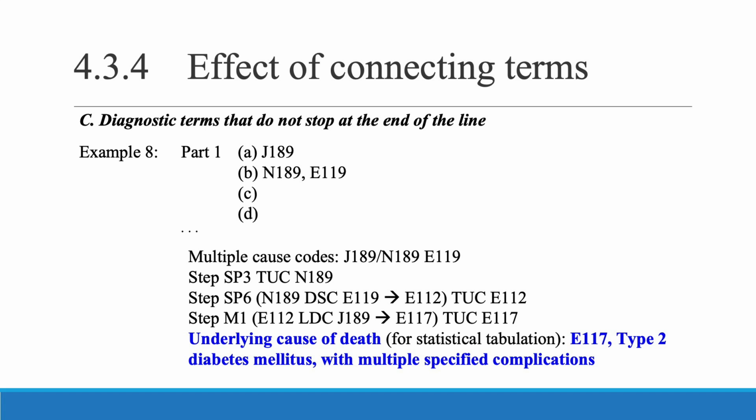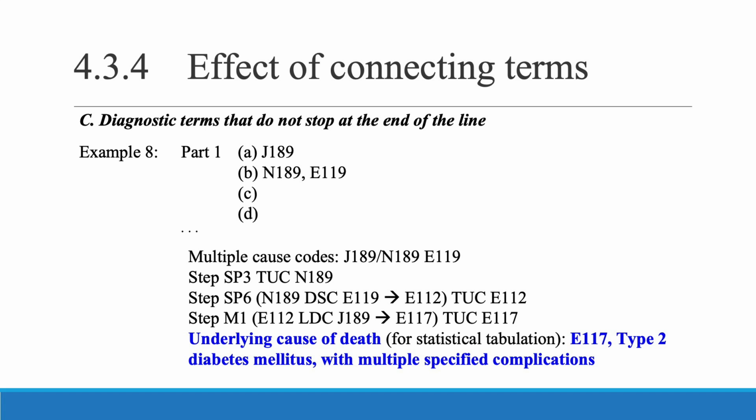And then there's a special instruction for step M1 that makes a further linkage for a tentative underlying cause of E117, which in fact becomes our underlying cause of death, E117 type 2 diabetes with multiple specified complications.